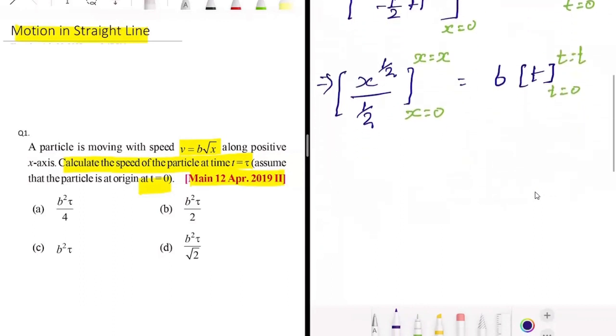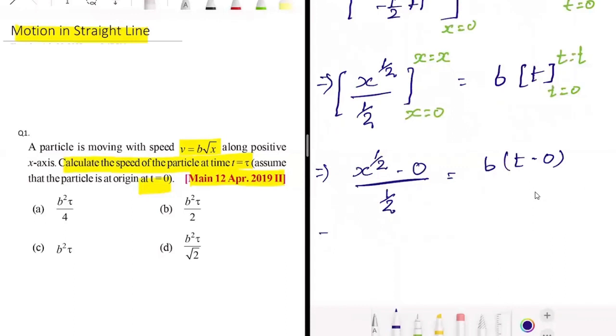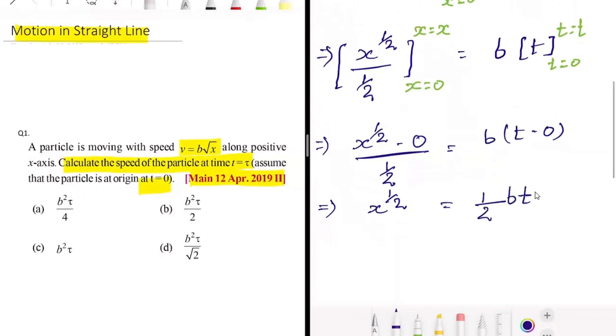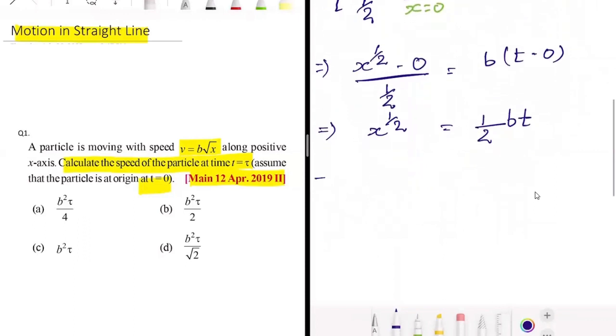This gives us x to the power half minus 0 upon half is equal to b t minus 0. This implies x to the power half equals 1 by 2 times b t. This implies x is equal to 1 by 4 b square t square.